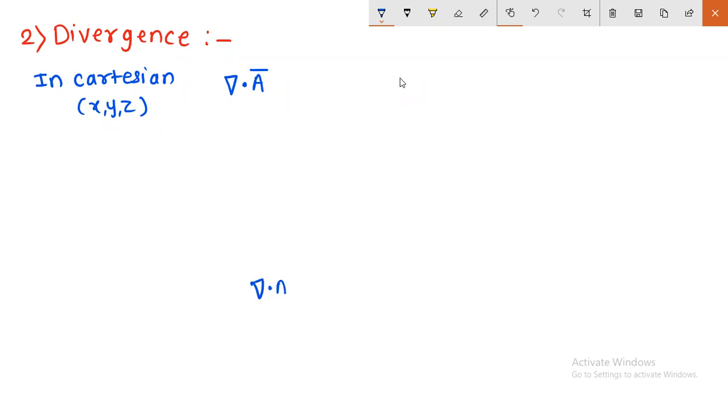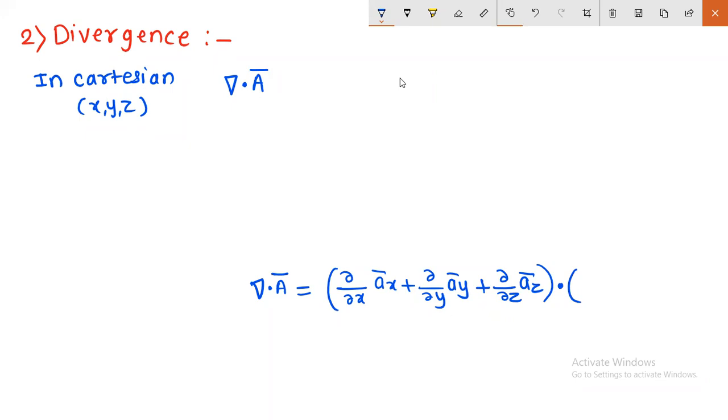This del dot a bar is equal to, del is equal to dabba upon dabba x into unit vector a bar x, plus dabba upon dabba y into unit vector a bar y, plus dabba upon dabba z into unit vector a bar z, dot with vector a bar. So this a bar can be written in Cartesian coordinate system as ax a bar x plus ay a bar y plus az a bar z.